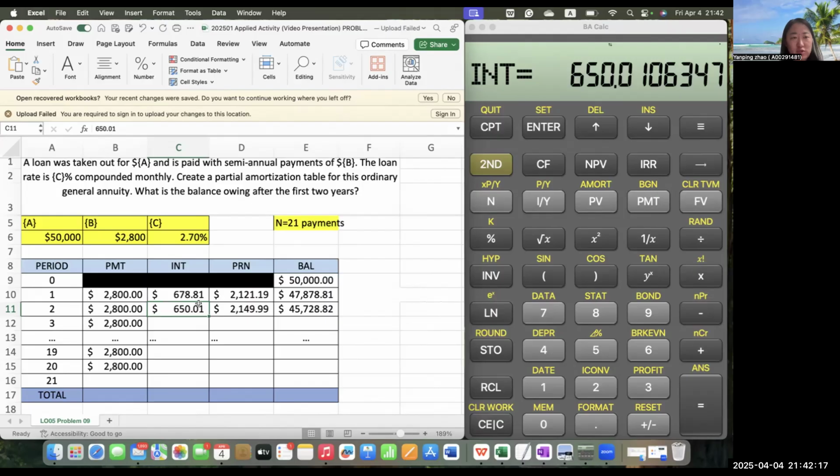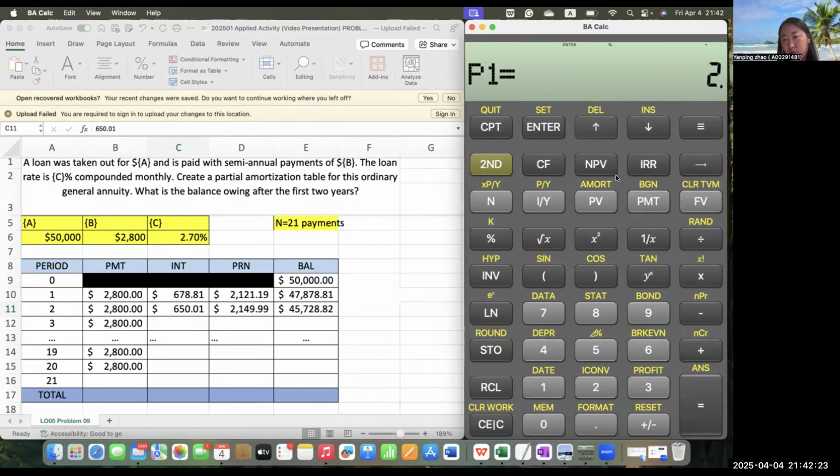We are going to start with interval number 3. Sorry, P1 equals 3 and P2 is 3, and we got the balance.